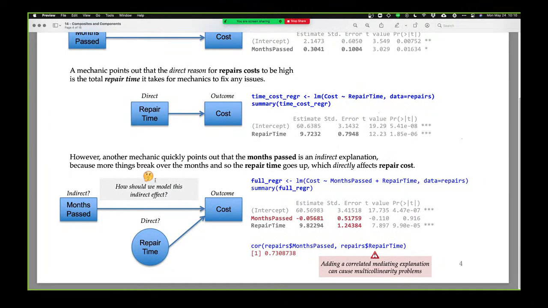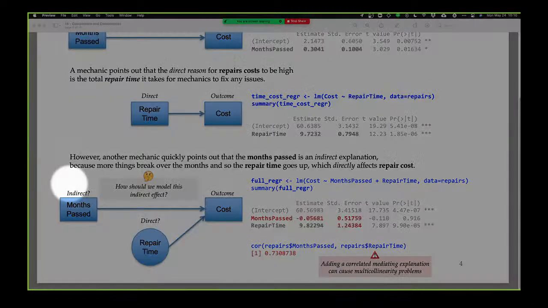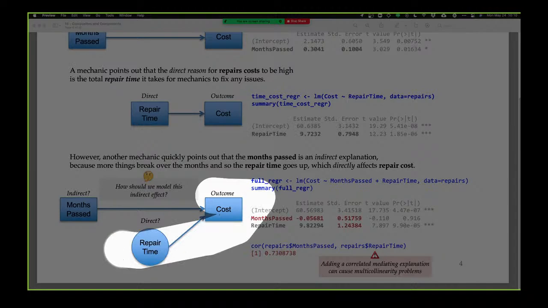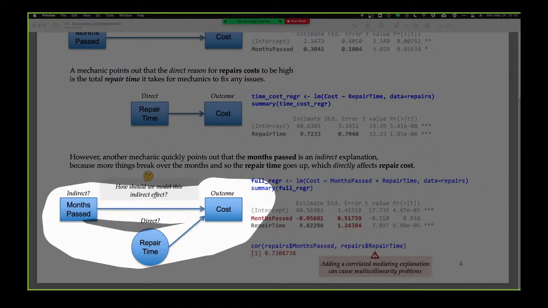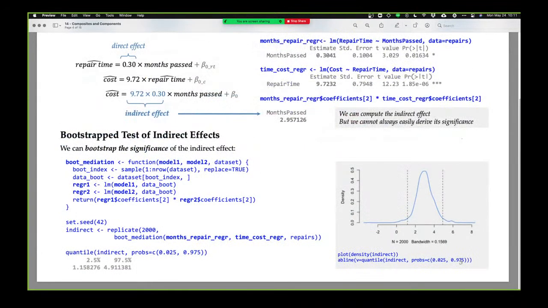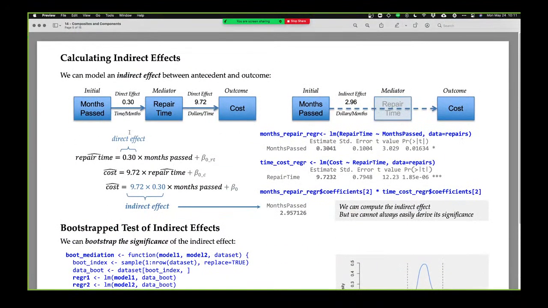So what I've drawn here is potentially an inappropriate way of modeling this problem because it's not showing the direct and indirect relationships that are present in our problem. All right. So the more accurate way of showing it is as two regressions.